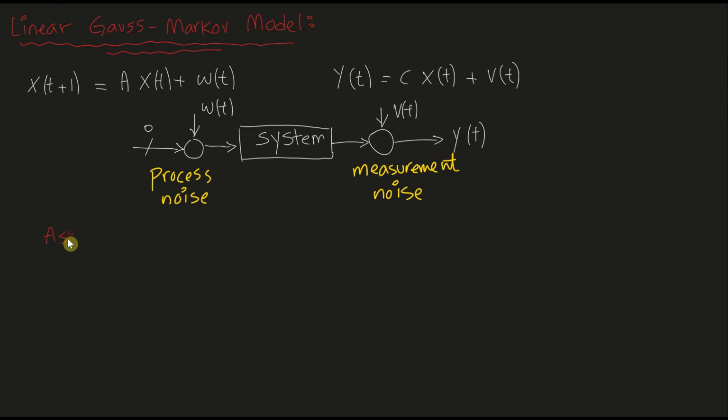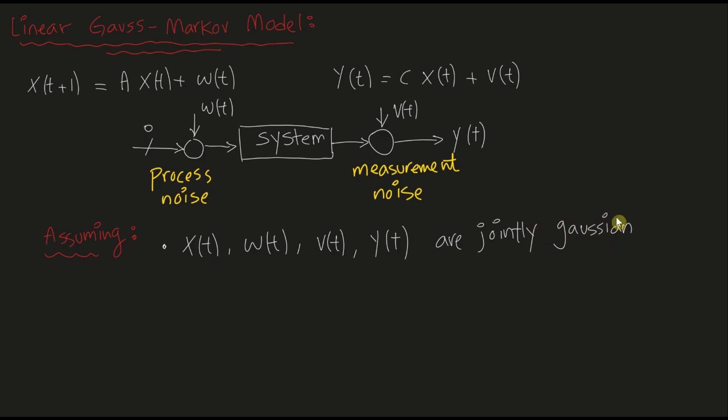What I'm going to do now is to describe a number of statistical assumptions that a Gauss-Markov model has. For one, X, W, V, and Y are considered to be jointly Gaussian and independent. In short, they are uncorrelated.